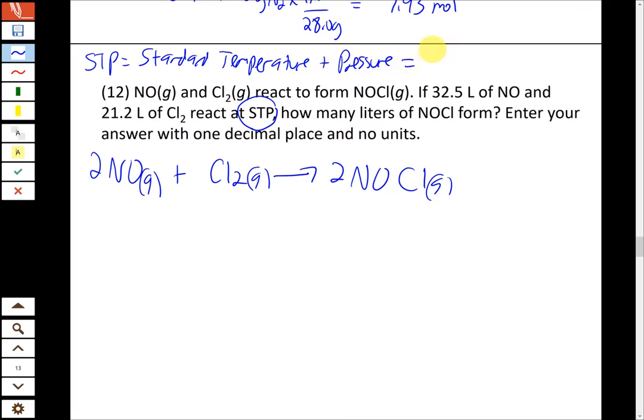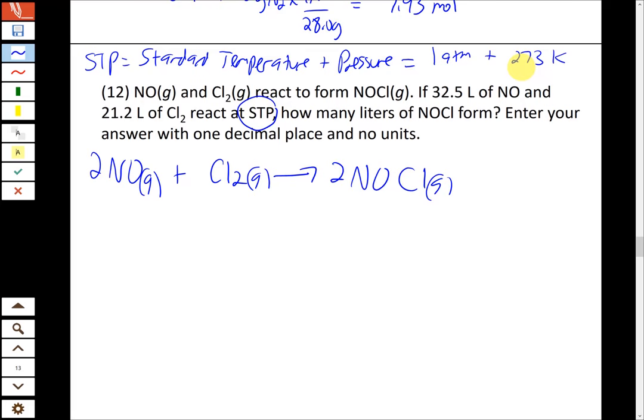And it corresponds to 1 atmosphere as the pressure, and 273 Kelvin as the temperature. So whenever you see STP, that tells you that the overall pressure is 1 atmosphere, and the overall temperature is 273.